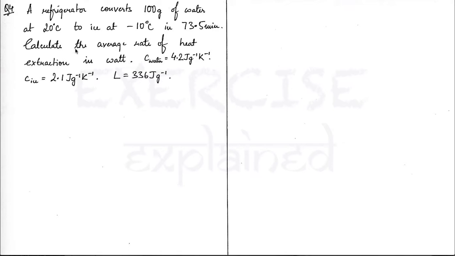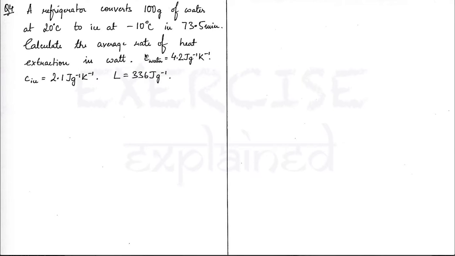So we need to calculate the average rate of heat extraction. Whenever they tell rate of heat extraction, we need to understand that the question has asked us to find power. Definitely power comes in watt, so rate of heat extraction will come in watt if everything else is in SI unit.